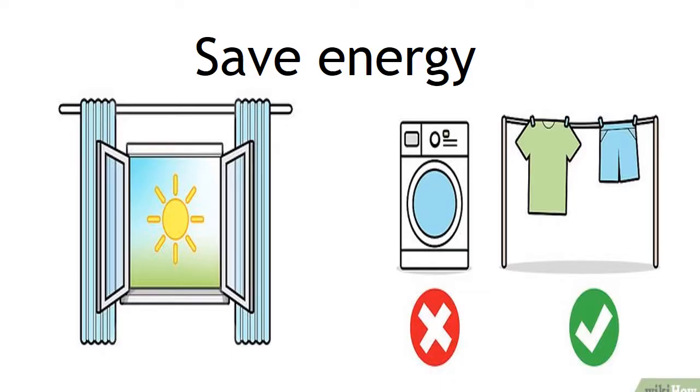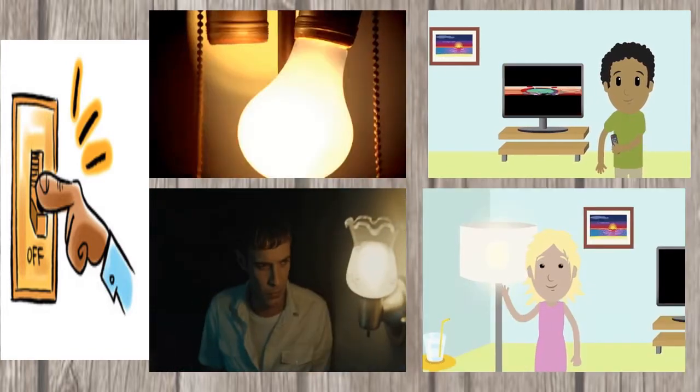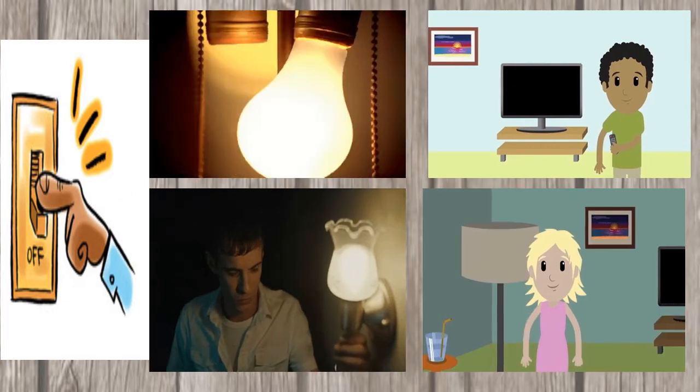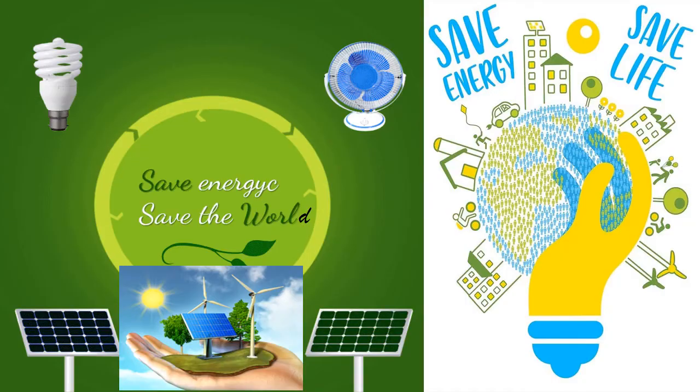Just try to save energy in different ways, like instead of lights, you can use natural light, and you can avoid using home appliances too. Switch off the lights during the day or before you leave a room. Turn off the fan, TV and other appliances when you are not using them. So children, save energy, save the world.